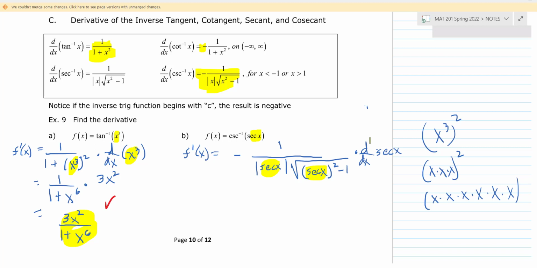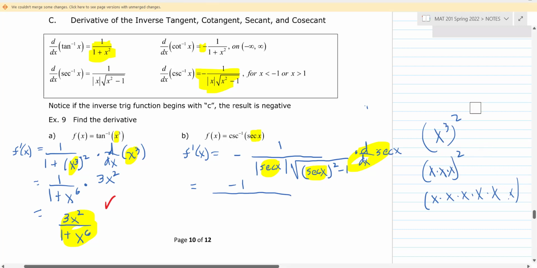All right, let's work this out and see how far we can take it. What we're going to find on this absolute value is there's really nothing you can do with the secant in an absolute value, because the secant can be positive or negative. So you just have to leave that in the absolute value.